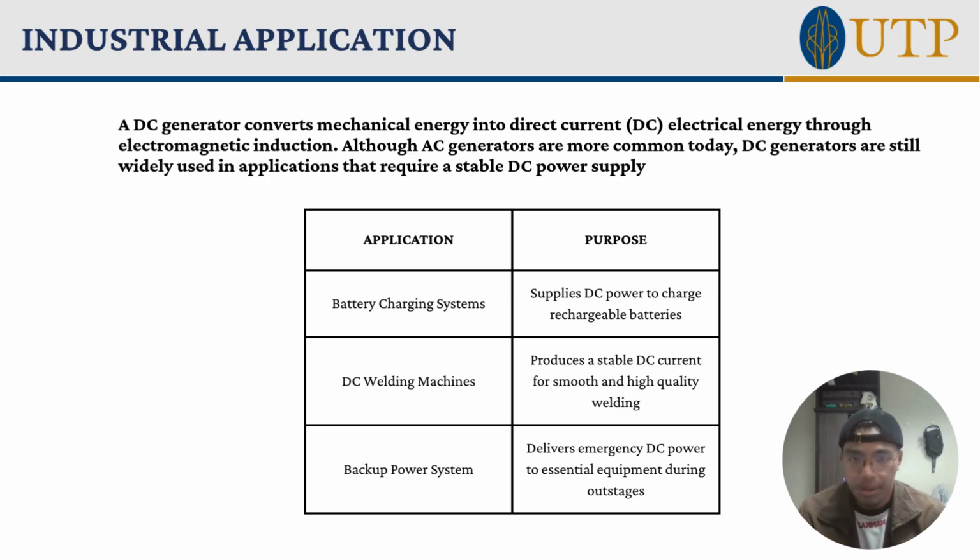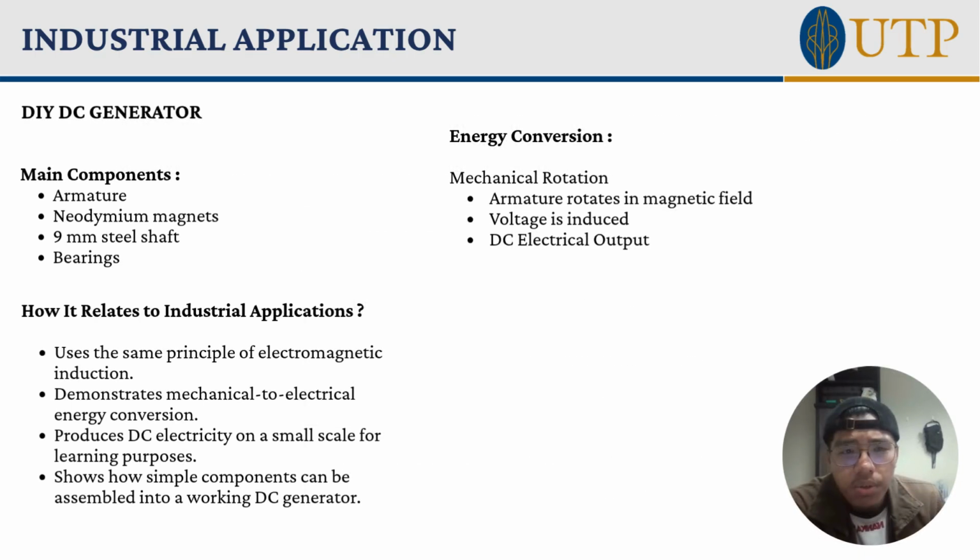So this is the DC generator that our group designed and assembled. It is built using neodymium magnets, a 9 mm steel shaft and bearings. Even though our generator is a simplified prototype, it demonstrates the same fundamental principle used in industrial DC generators, which we call electromagnetic induction.